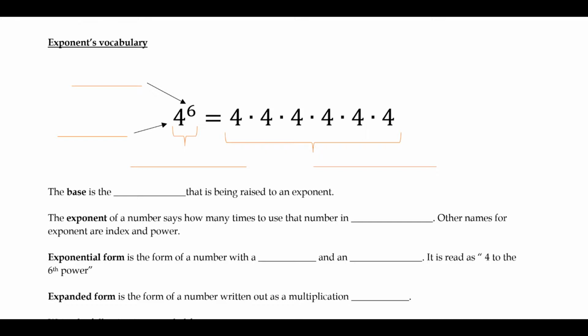When I look at this expression over here, the 6, we know that is our exponent. And the number that is actually being raised to the exponent, that is what we call our base. So that's the number being raised to the exponent.